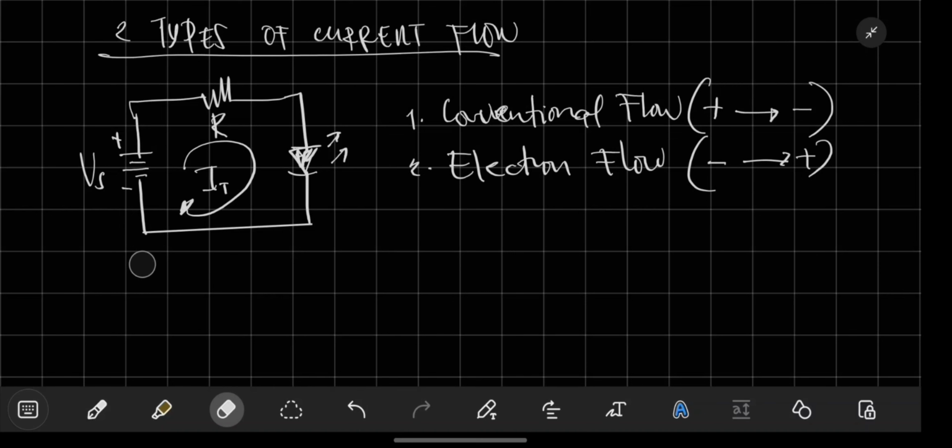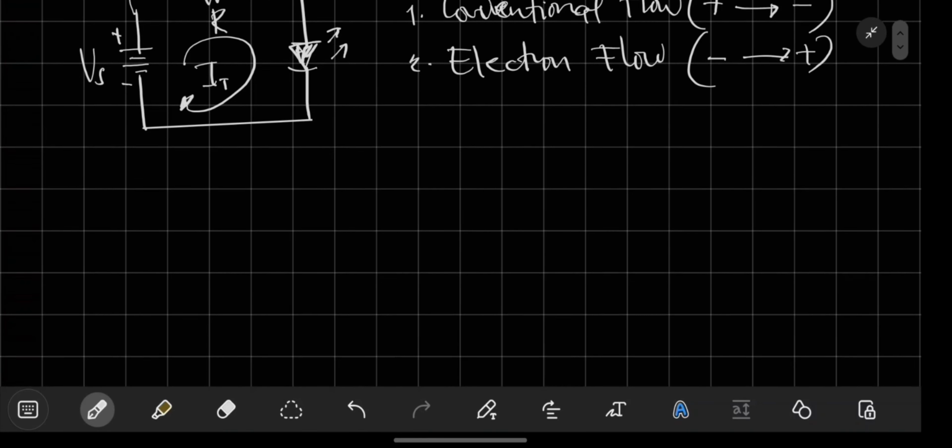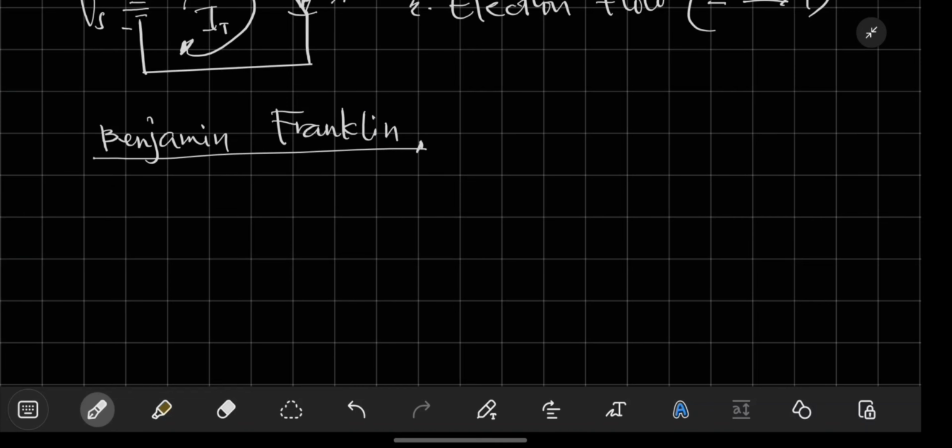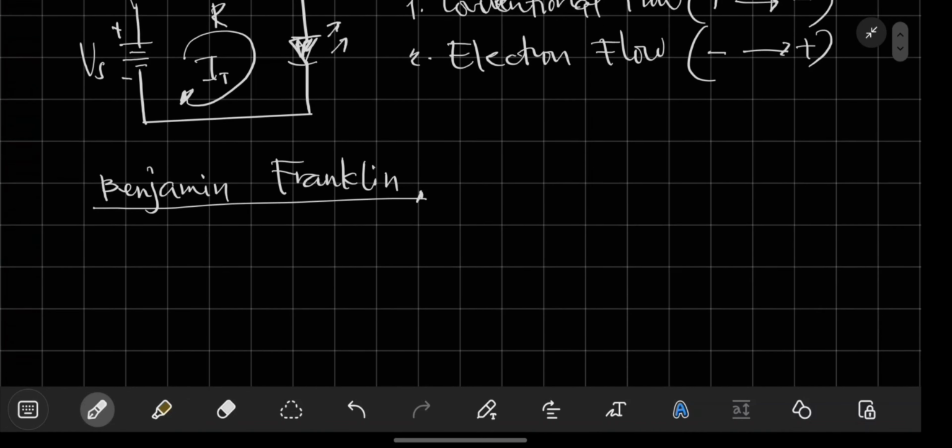Okay, so to explain these two types of current flow to you broadly, we must go back to the history. So if you know Benjamin Franklin, okay, si Benjamin Franklin kasi siya yung nagpatunay na yung flow ng current is from positive to negative o yung tinatawag nating conventional flow.